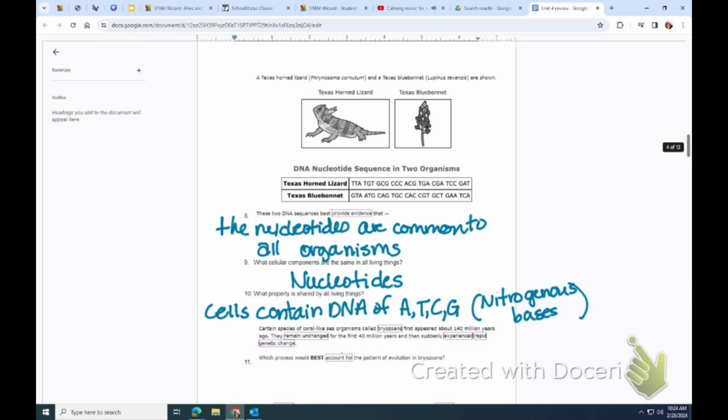And then number 11, certain species of coral-like sea organisms called bryozoans first appeared 140 million years ago. They remain unchanged for the first 40 million years and then suddenly experienced rapid genetic change. What type of evolution is that? Periodically. Right first letter.